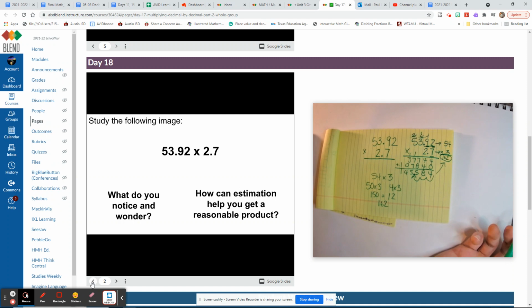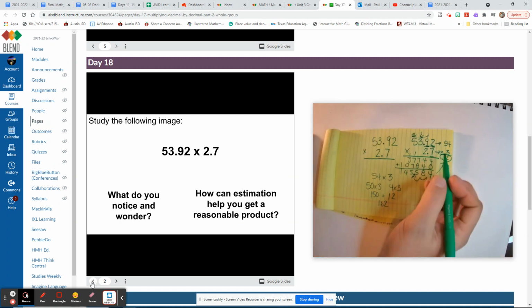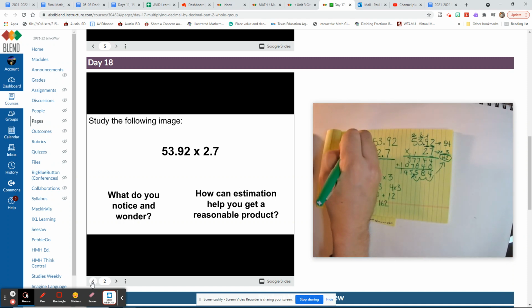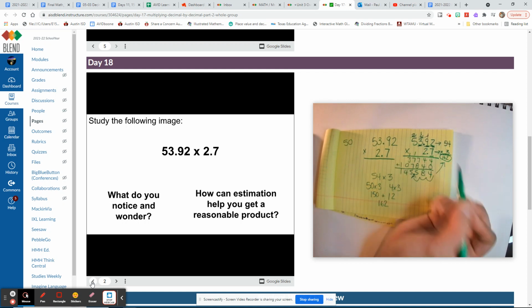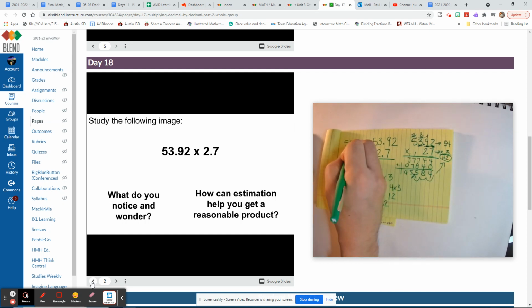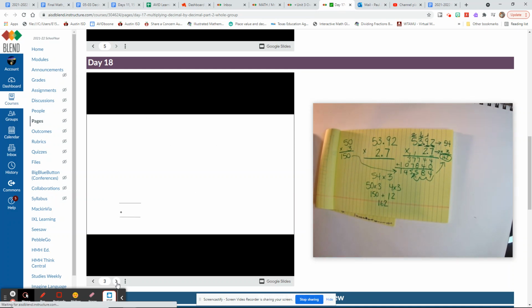We could also have estimated 53 and 92 hundredths to 50, if we're estimating to the nearest 10. Then 50 times 3 would be 150, which is also close to our real answer of 145 and 584 thousandths. So let's take a look.